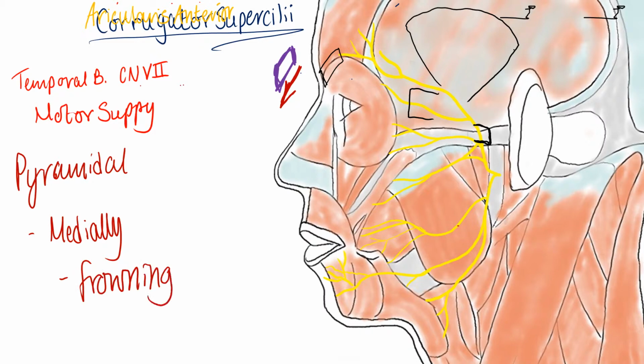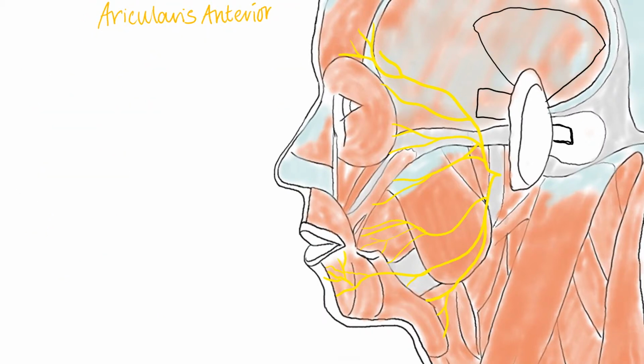So that is the muscle that gives you a frowny face. Corrugator supercilii causes this.